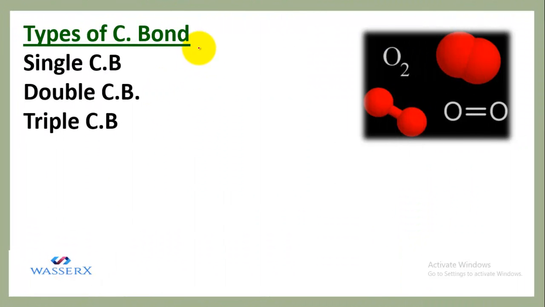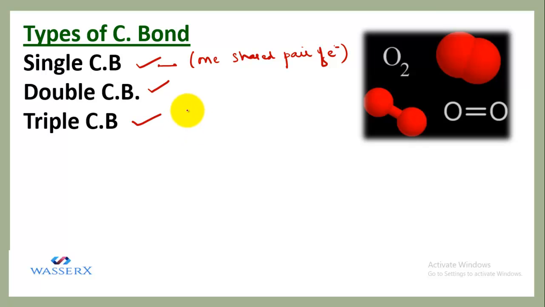So the types of covalent bond which exist are the single covalent bond, the double covalent bond, and the triple covalent bond. If there is one shared pair of electrons, then it is a single covalent bond, like one contributed by this atom and one by this.